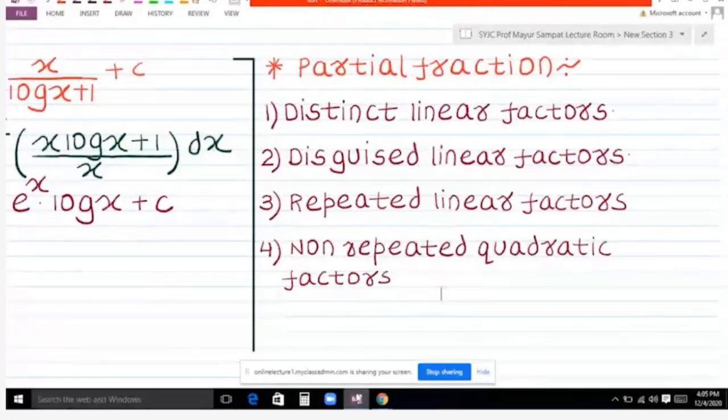Right. From page number 135, exercise number 5.6.